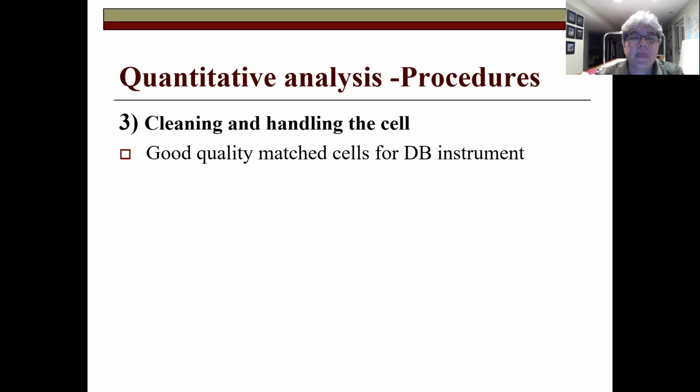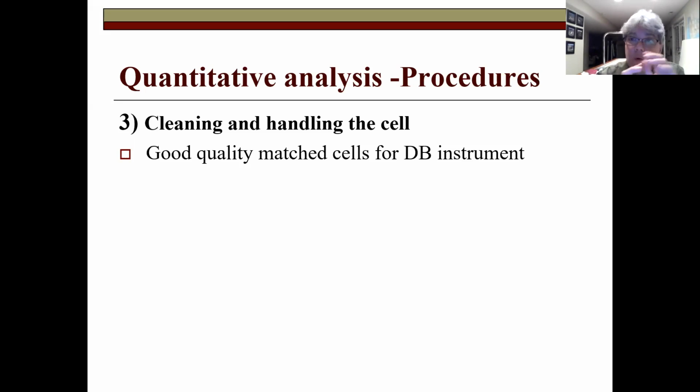Third, you have to take very good care of your cell. We've talked about the instrument, the source, the monochromator, the sample holder and the detector. When you did this experiment in the lab, you didn't see the source, the monochromator, or the detector. The one thing that you handled in the lab was the cell.